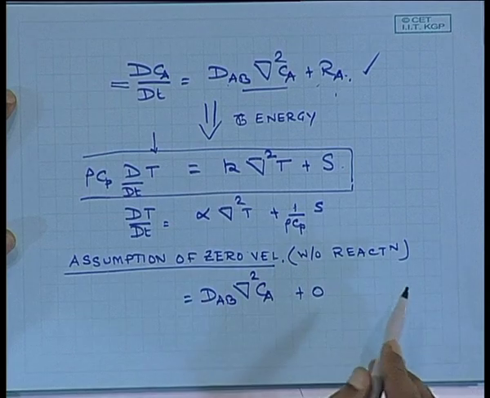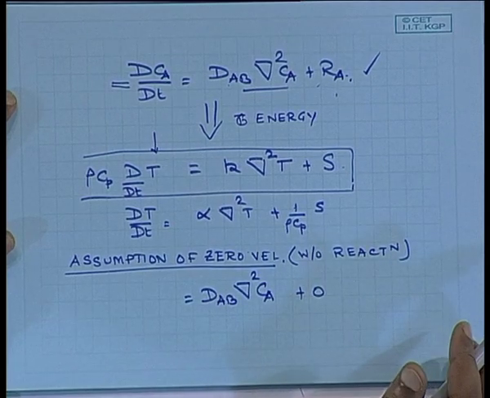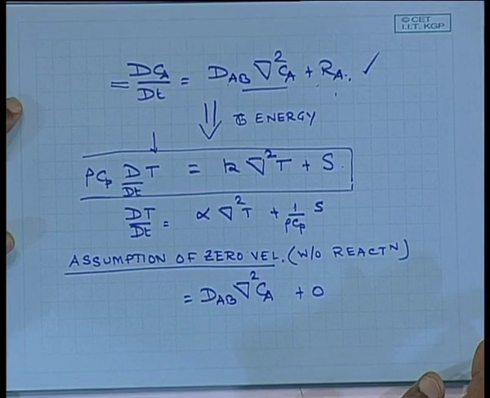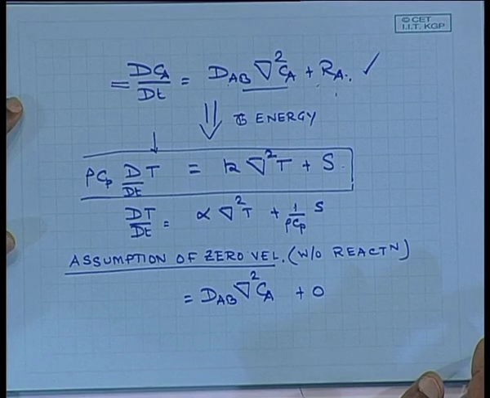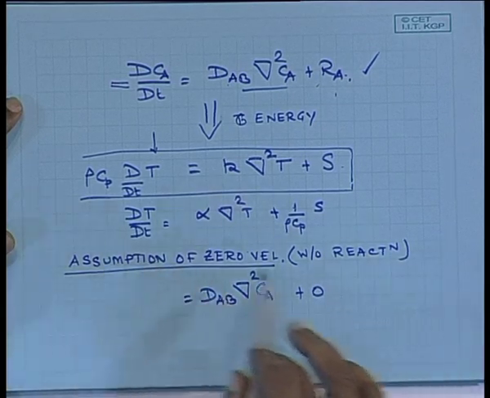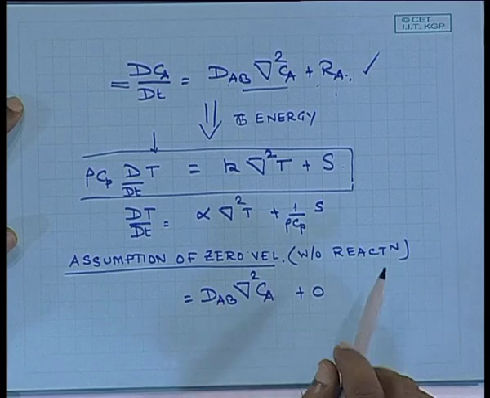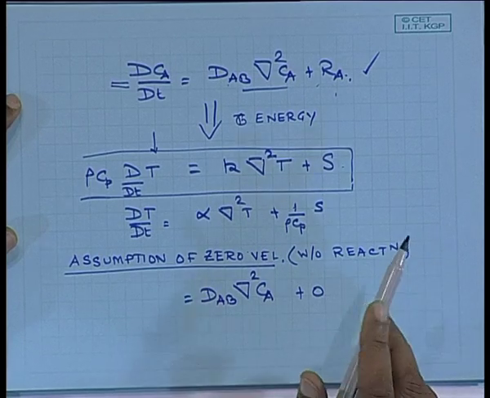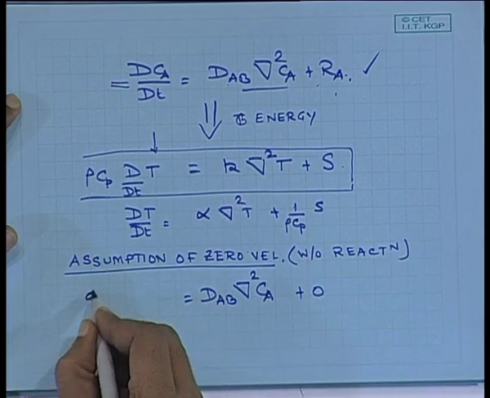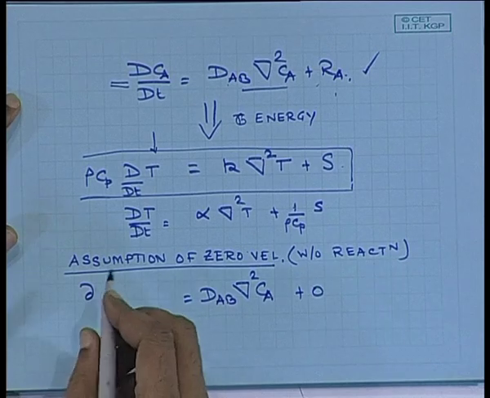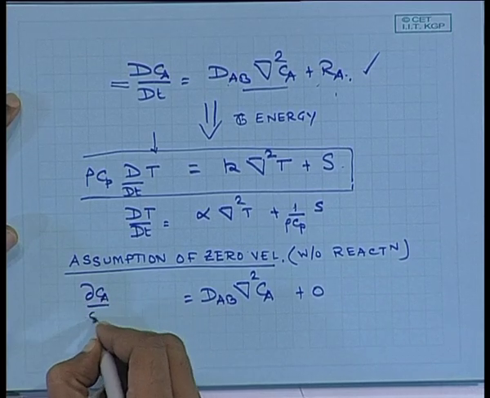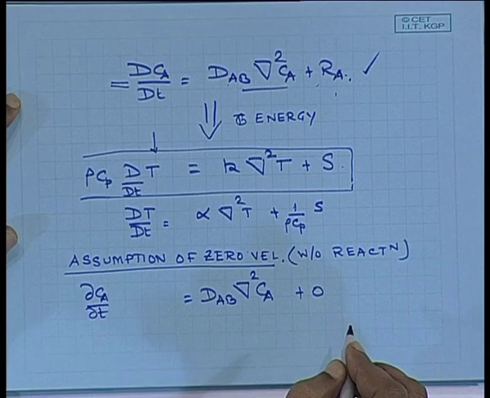What is going to be the change in D/Dt of CA? I said it is the zero velocity assumption. You are talking about this small del CA/del T, and anything else?